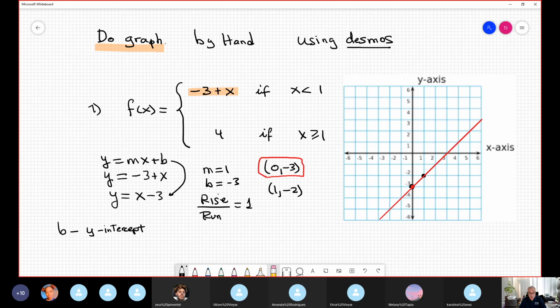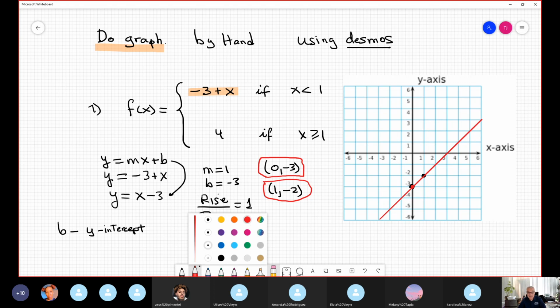You can check it if you want: plugging in 1 here, 1 minus 3 is -2. Good. I have 2 points connected by a straight line, and now this line represents the first piece, -3 plus x.